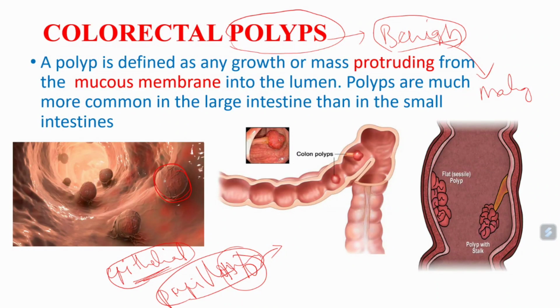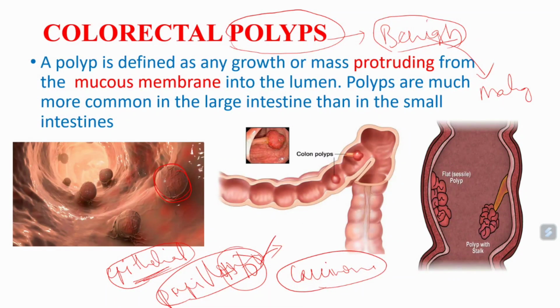Papilloma is the term given for a benign tumor associated with epithelial cells. And if epithelial cells cause malignant tumors, they are called carcinoma. Papilloma is benign excess development of epithelial cells.